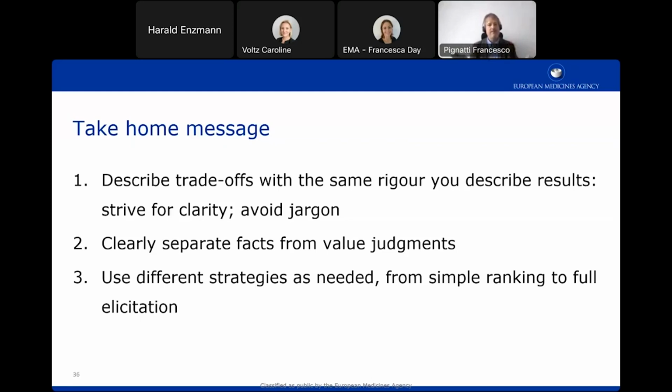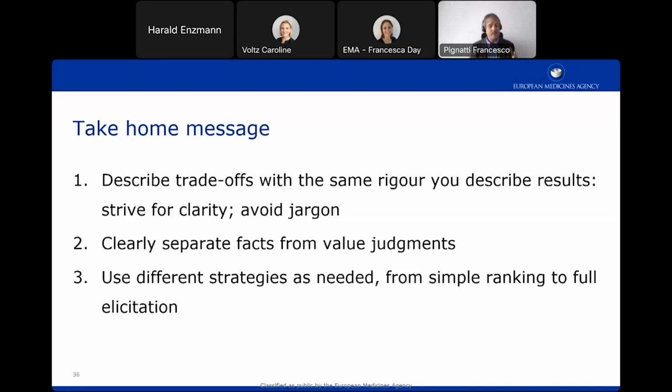We need to make a clear distinction between what are facts and what are value judgments, because the regulators are the only ones who really scrutinize the facts, and therefore other decision makers, perhaps with other value judgments, might be more interested in the fact than the fact plus the value judgment. And so the two have to be described separately.